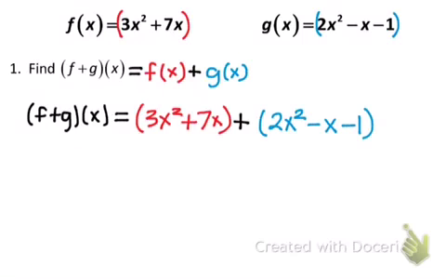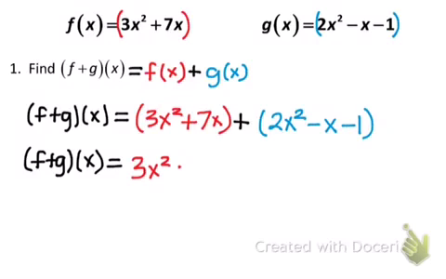Now both of these are written in parentheses, and that's just to get into a good habit for later, in case our function is represented in a way where we need to distribute a number before we start combining like terms. In this case, for (f + g)(x), we don't have any distributing to do, so when we write out our equation, we are just going to get rid of our parentheses.